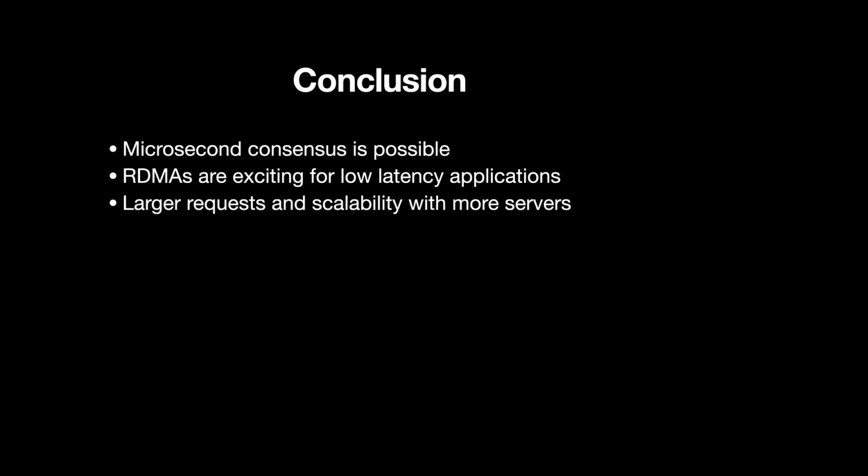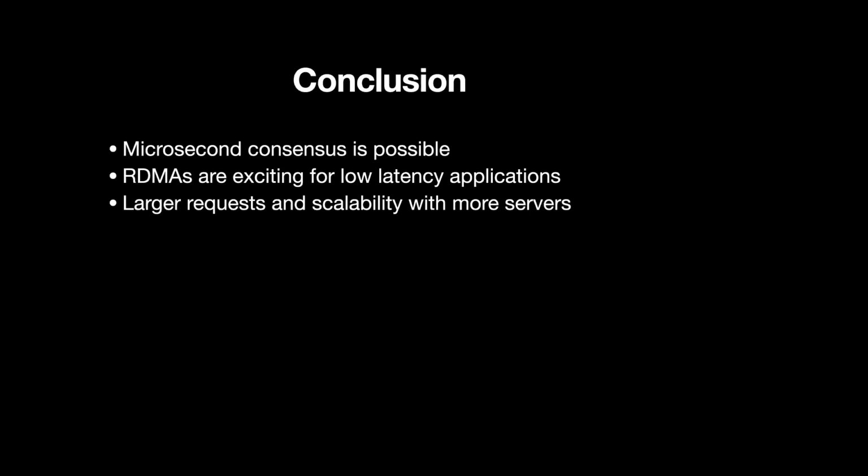Finally, I think the key takeaway from the paper is that the microsecond consensus is here. I didn't know much about RDMAs previously, and this paper was quite interesting in showing how we can use it for various distributed systems applications for achieving very low latency.